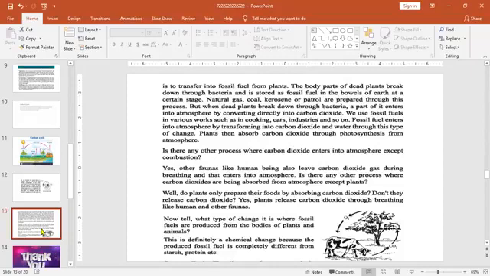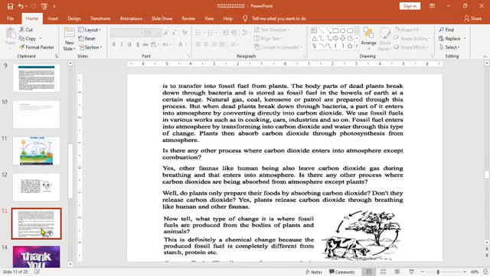And during the breathing of animals, carbon dioxide is released and mixes with the atmosphere.